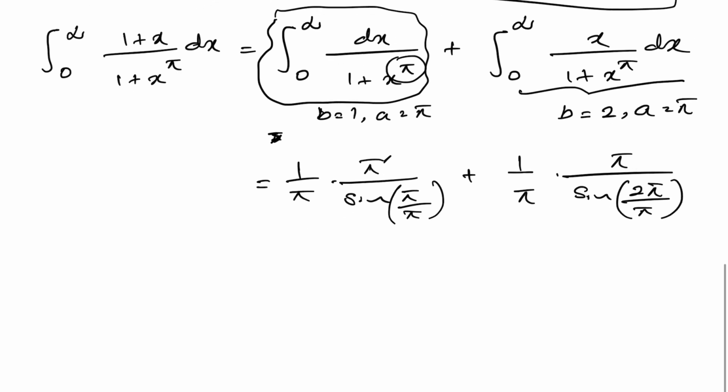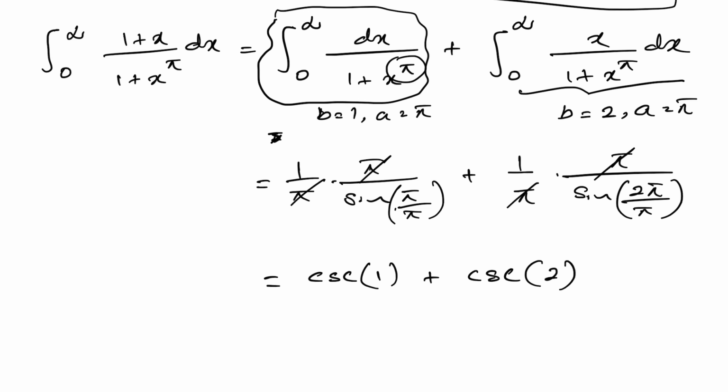Now the pi gets cancelled, so we have 1 over sine of 1, which is cosecant of 1, plus cosecant of 2. This is the answer.